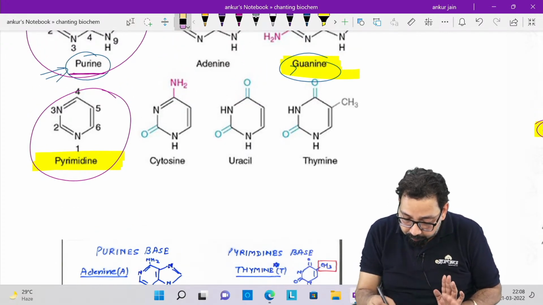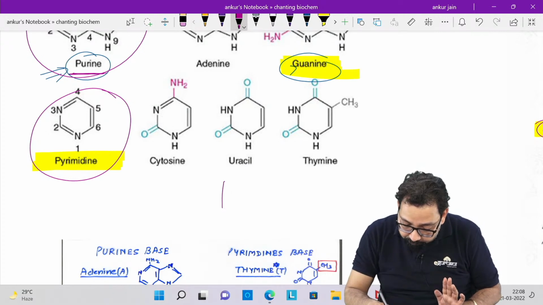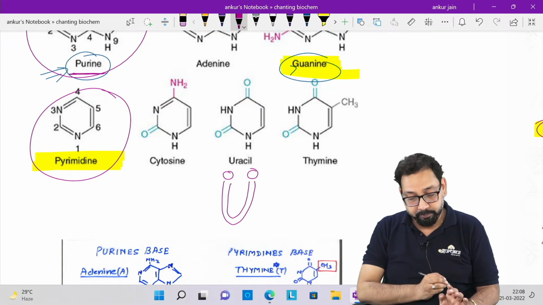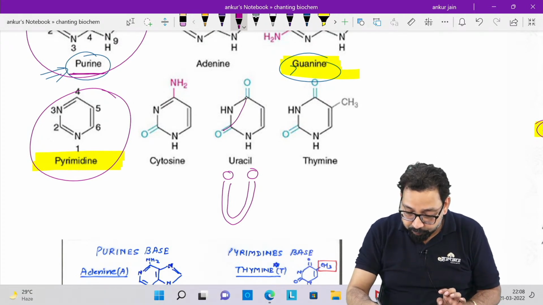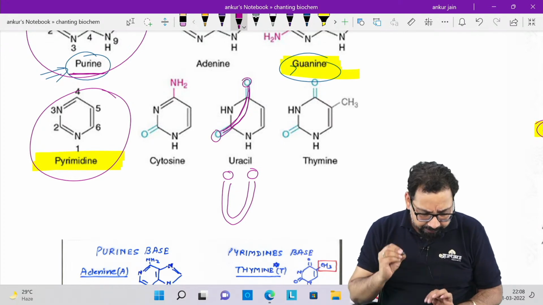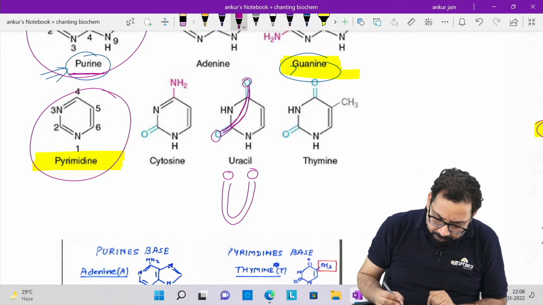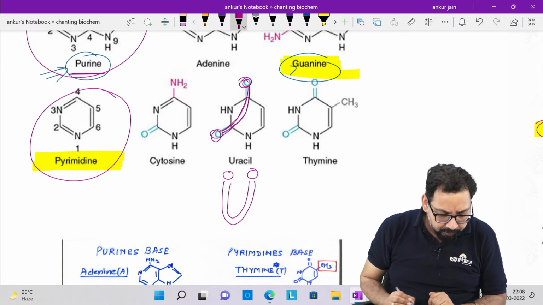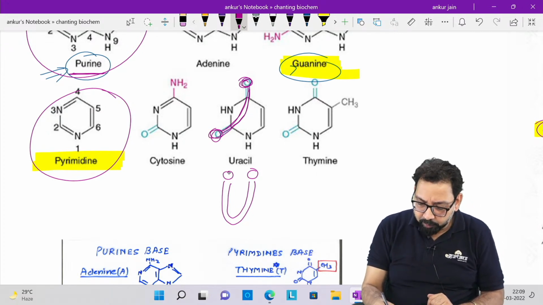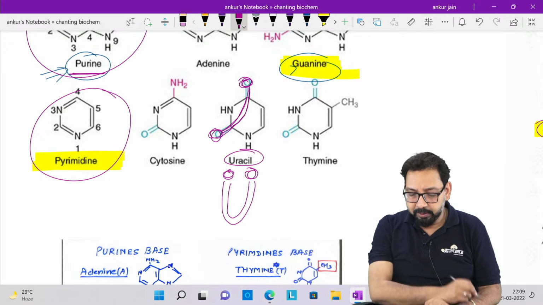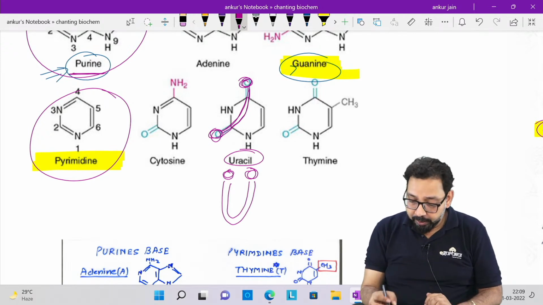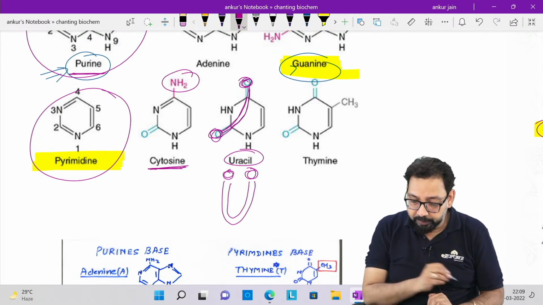Simple mnemonic. Look at the screen. U2O. If the structure is given to you, you will see these 2 O, 2 keto groups, uracil, U. If amine, cytosine.